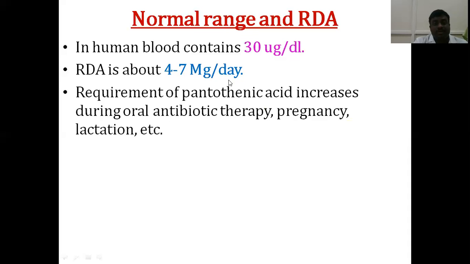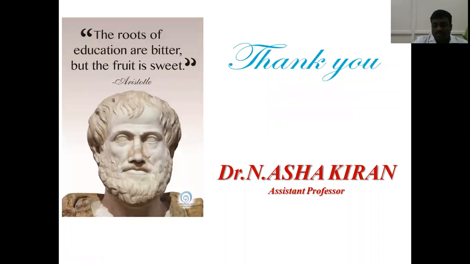The requirement of pantothenic acid increases during oral antibiotic therapy, pregnancy and lactation, so during these conditions we need to take a somewhat larger amount of RDA. So that is about two vitamins, vitamin B5 and vitamin B6. Thank you.